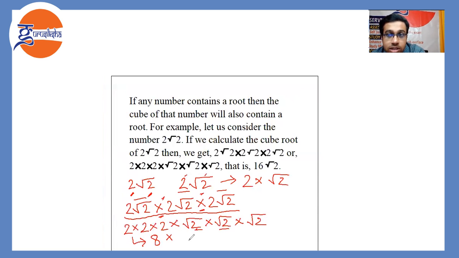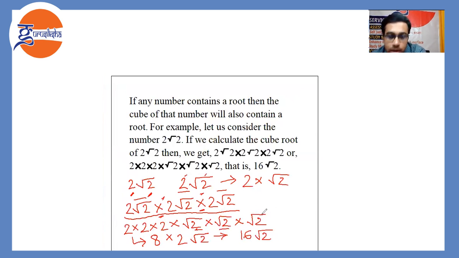You must have learned earlier in the square root chapter that √2 into √2 is again 2, and the last √2 we can do nothing about because we can just multiply it like so. We have to leave it like that. So the ultimate product is 16√2.